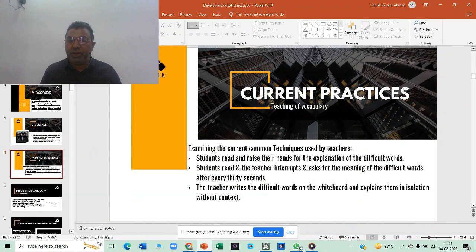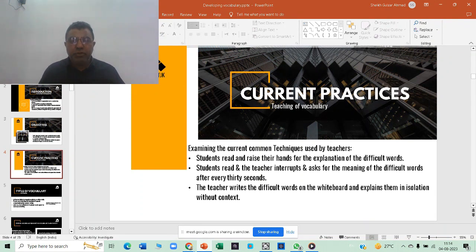Most of the time, most of the teachers give the learners the opportunity to read themselves, and if they have some difficulty with any word, they just raise their hands and seek an explanation of that particular difficult word.